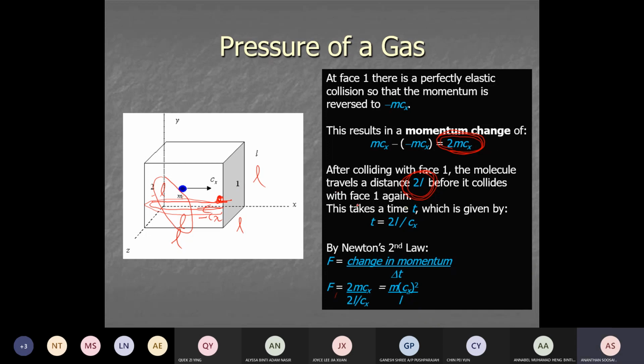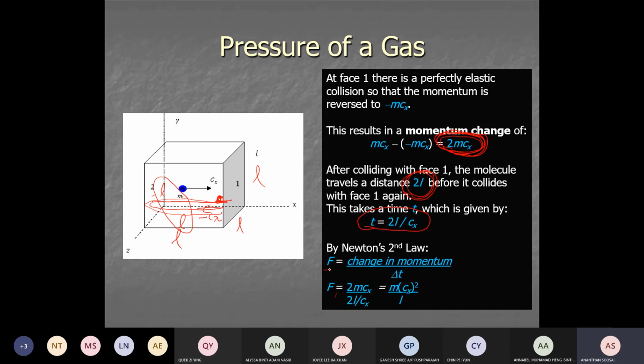So before it collides with phase 1 again, the time taken to travel for each collision is T, where T is 2L over Cx, the speed it travels. This is the time interval of each collision. You know the momentum change experienced by the particle is 2mcx, and the time of collision is 2L over Cx.